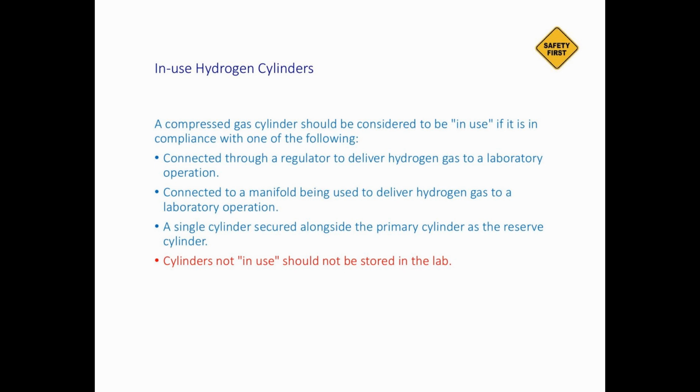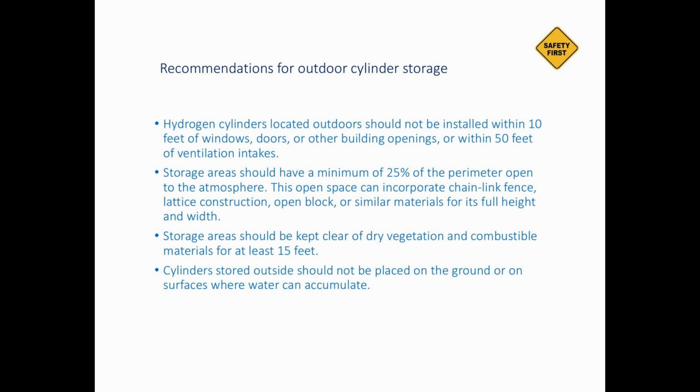That's very important. A hydrogen cylinder located outdoors should not be installed within 10 feet of windows when not in use, or other built-in openings, or within 50 feet of ventilation intakes. The storage area should have a minimum of 25% of the perimeter open to the atmosphere. It's just a general guideline. This open space can incorporate chain link fence, open block construction, or similar materials.